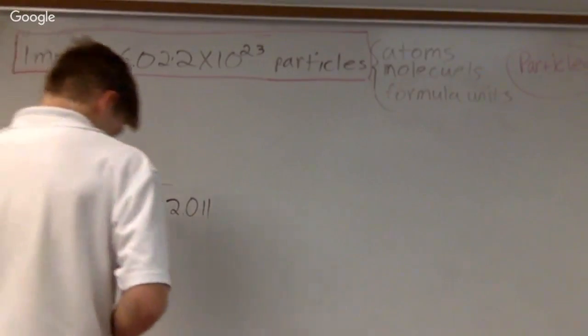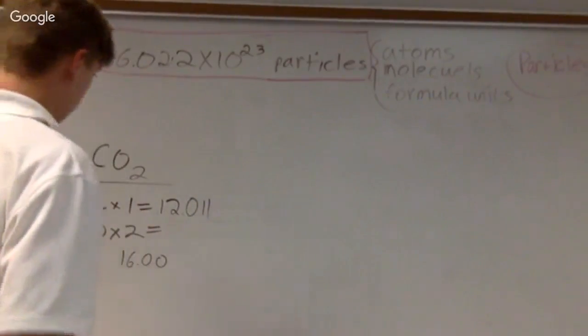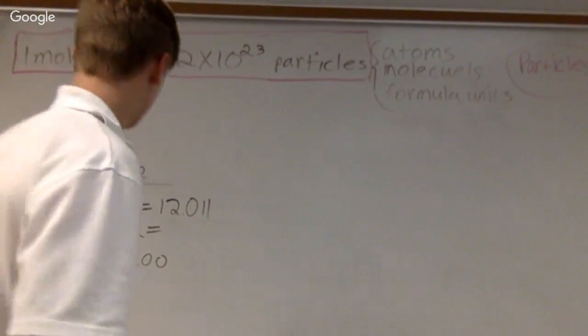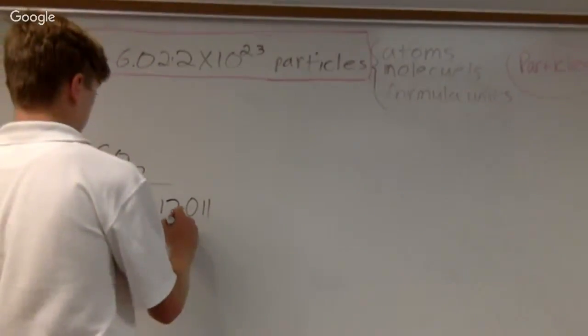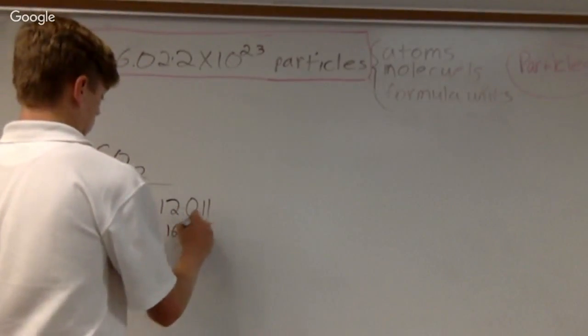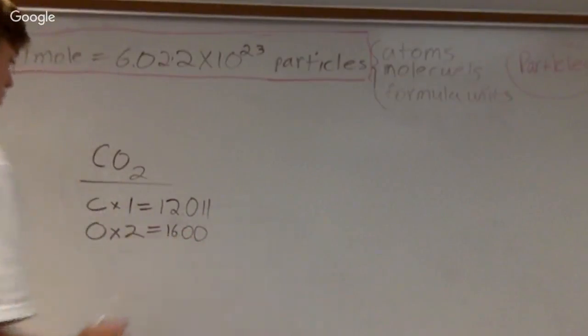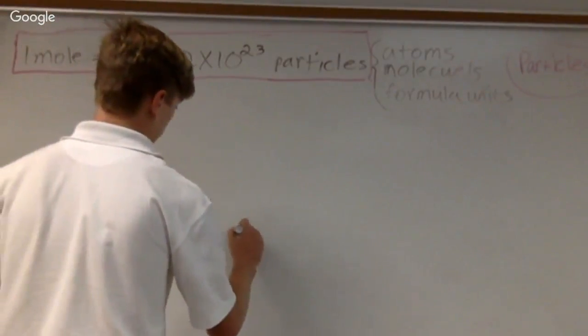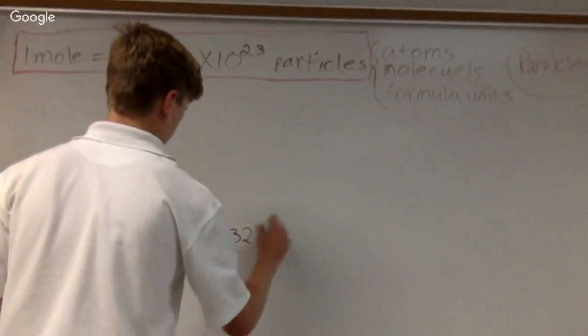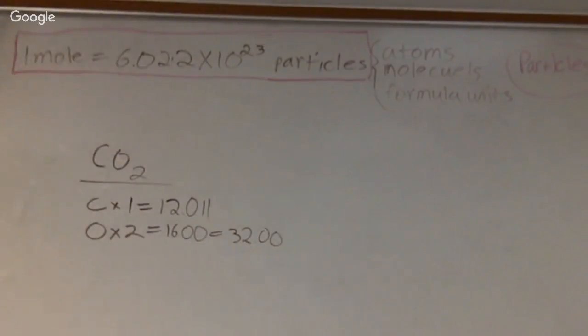So can you do me a favor? Because I want it to be symmetrical so we can actually see. Right next to where it says O times 2, I want everyone to understand that 16.00 represents the O. And then don't we have to multiply that by 2? You're right. Can you show that we multiplied it by 2?